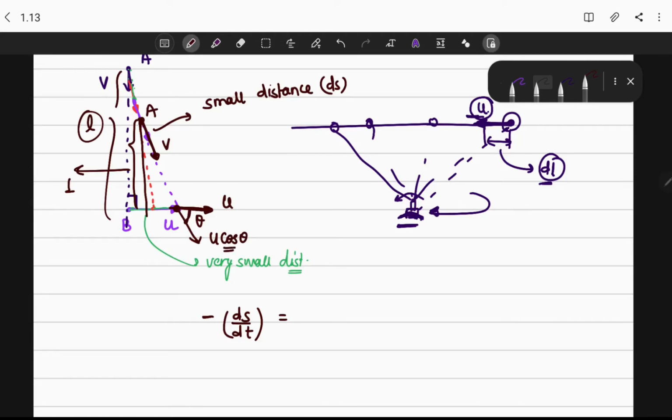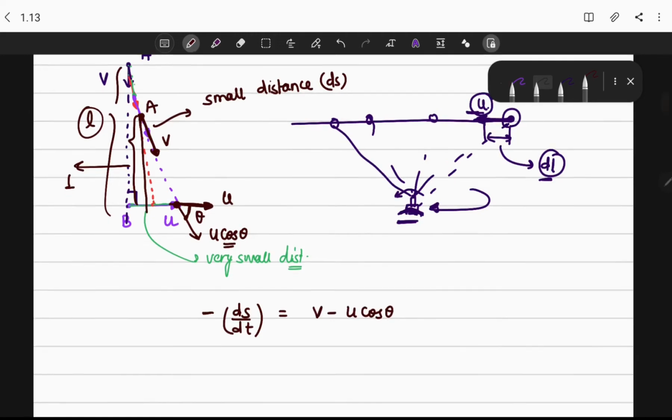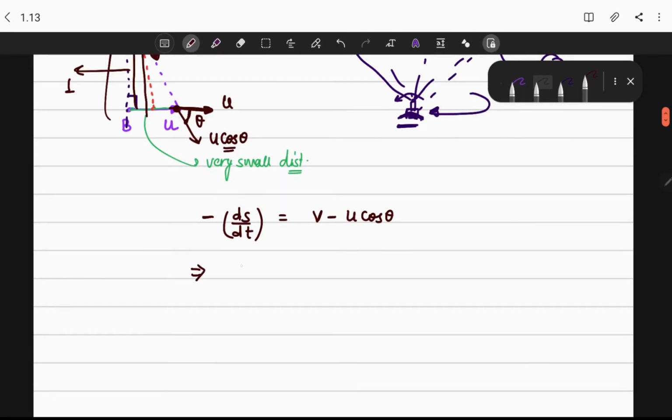Then the relative velocity of A with respect to B, we can write as v minus u cos theta. So from here we can write minus ds is equal to (v minus u cos theta) dt, integral.